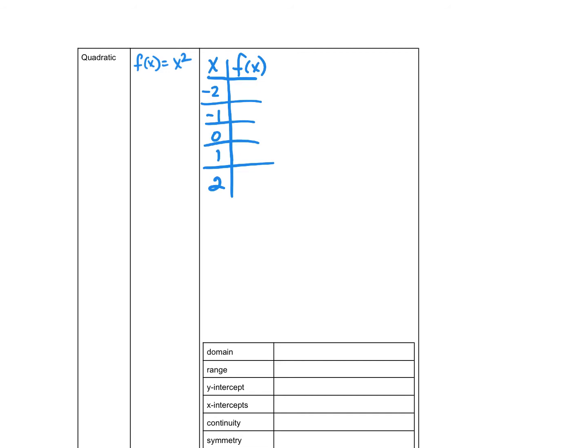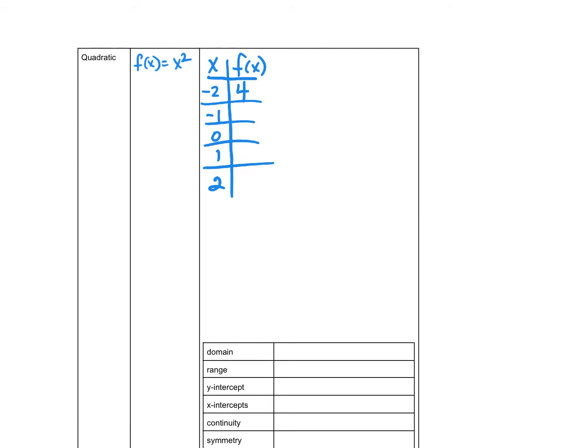If we plug in -2, what comes out? -2 squared, which is what? Thank you. It's like everybody's brain short-circuited at the same point.